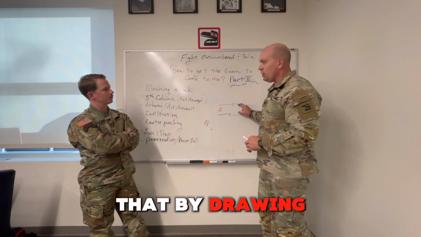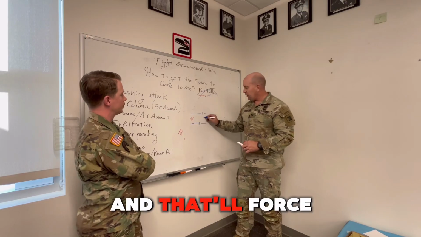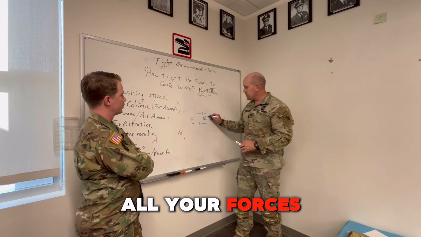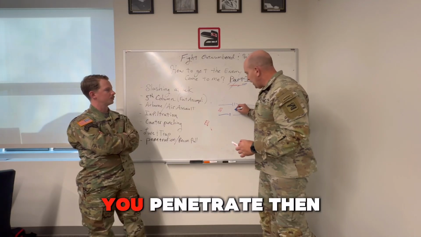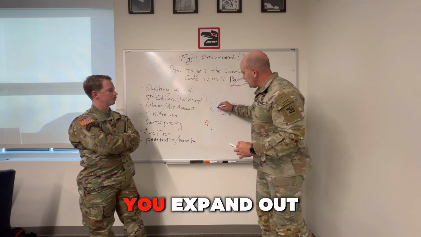And you force that by drawing a really small boundary, and that'll force all your forces to stay tight, and you can mass on somebody. And then once you penetrate, then you expand out.